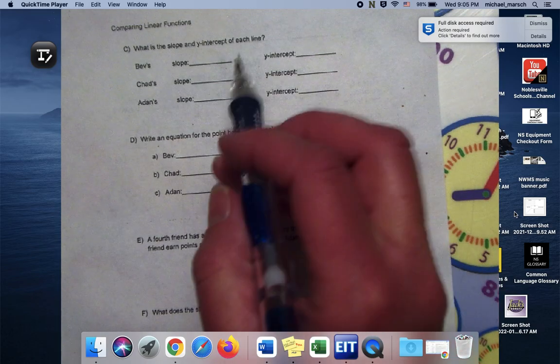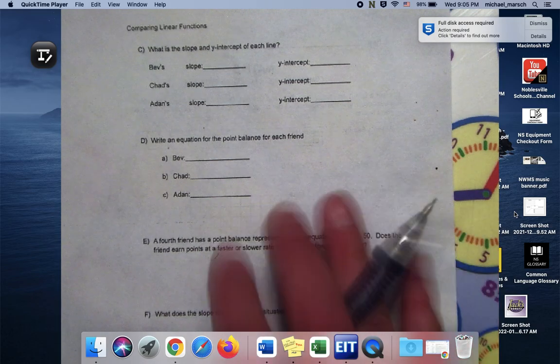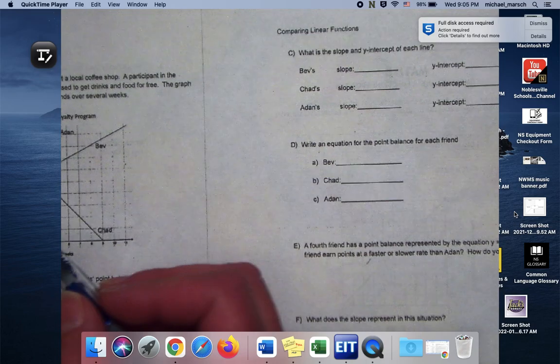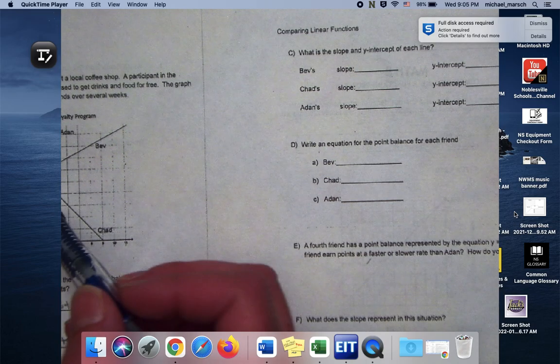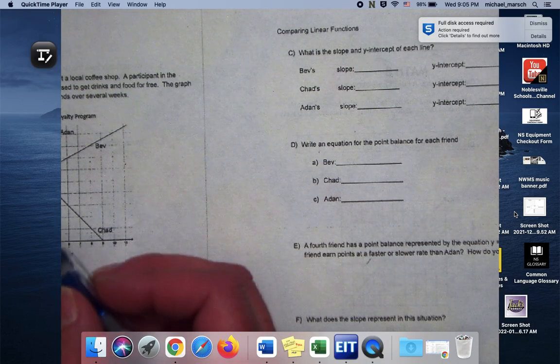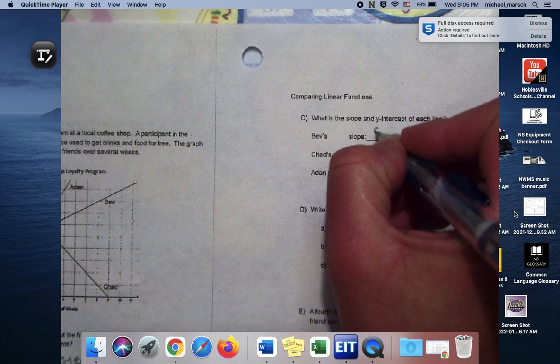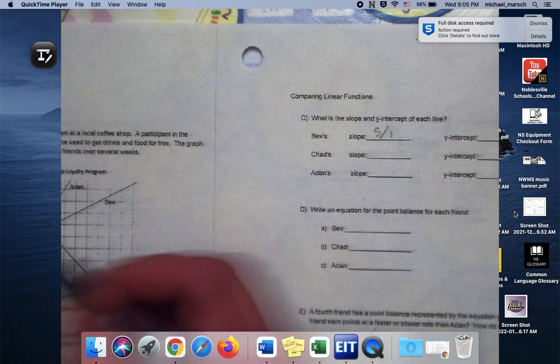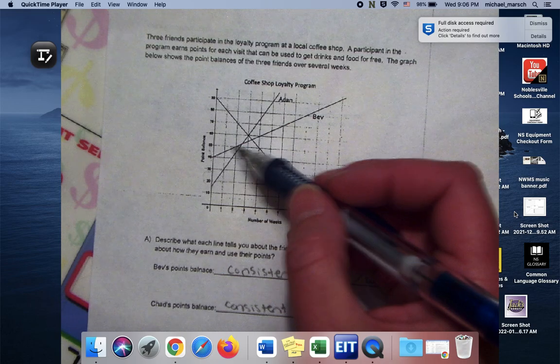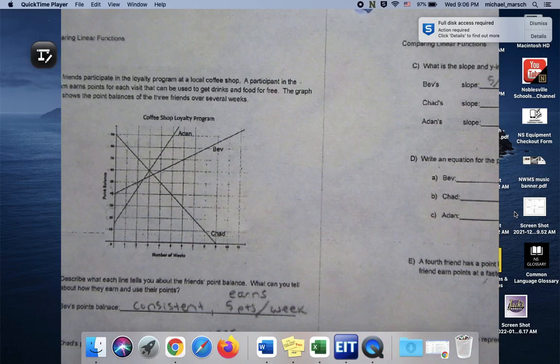All right, what's the slope and y-intercept of each line? So Bev's line, her slope we said was up 10 over 2, which can then be simplified to up 5 over 1. And her y-intercept is at 40.